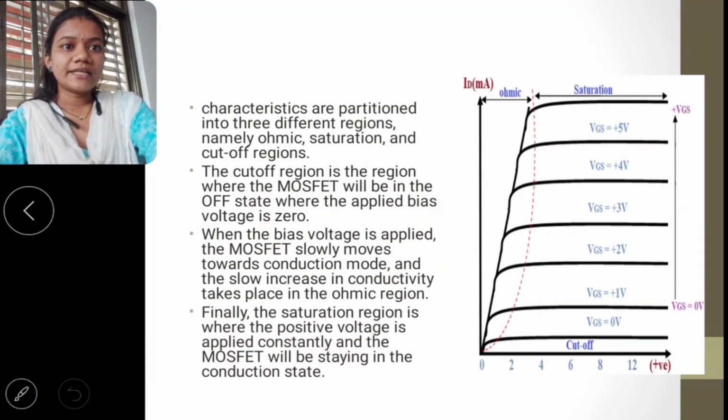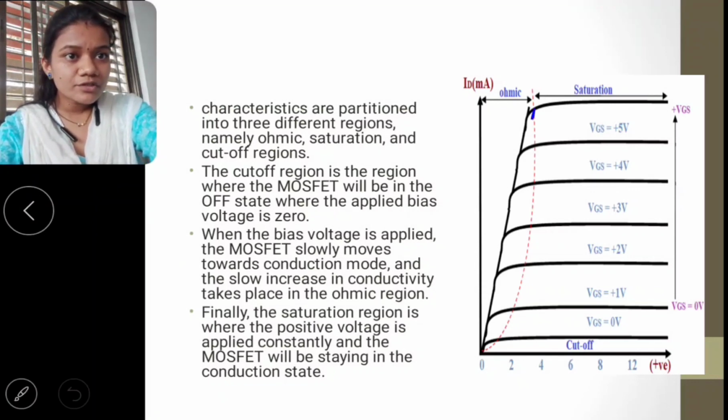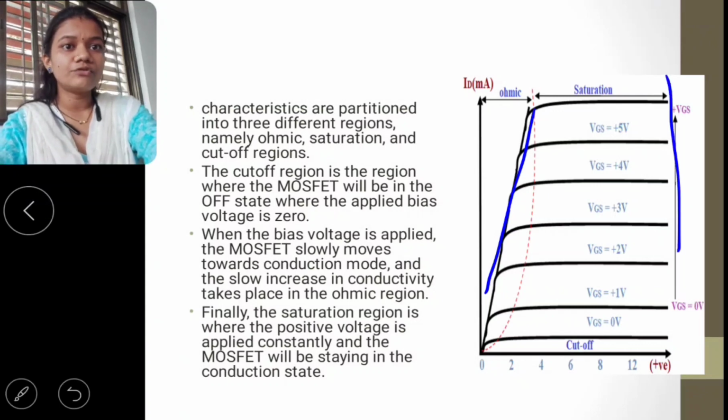So these are the characteristics. They may be partitioned into three parts: first is the ohmic region, next is the saturation region, and last is the cutoff region. Cutoff region means the MOSFET is in the off state, which happens when the applied voltage is 0.